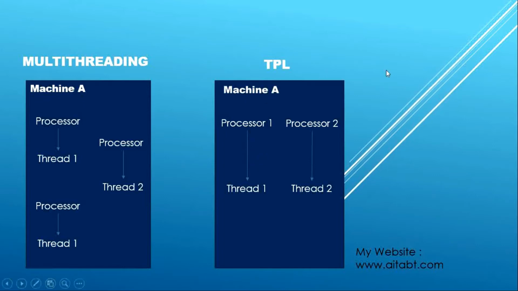That TPL, the task parallel library, makes full use of that, and it divides those threads or those works between the processors, instead of making this single processor switch the context between these two threads. So that's what happens in task compared to multi-threading, compared to threads.